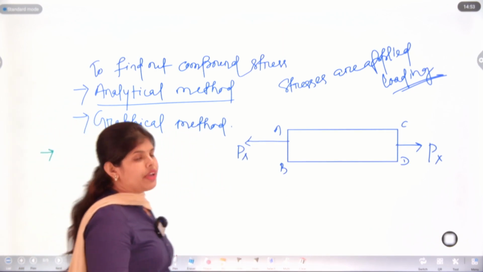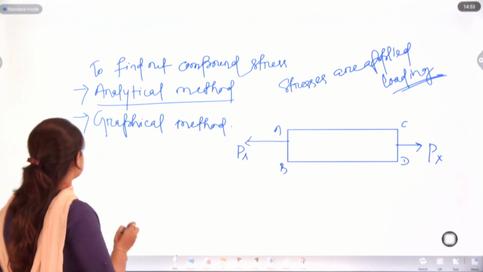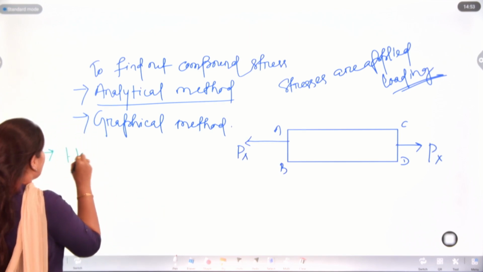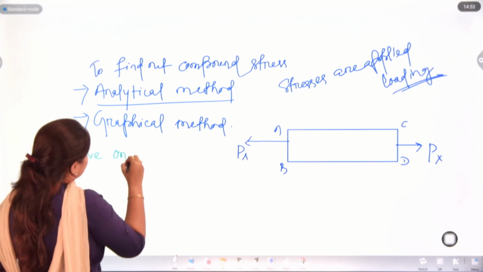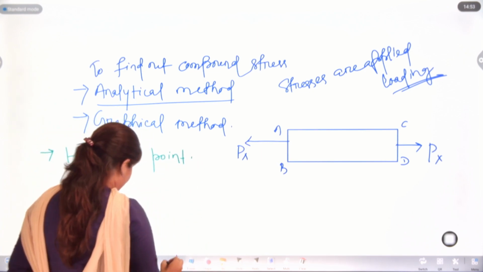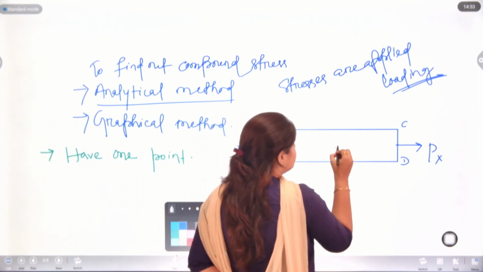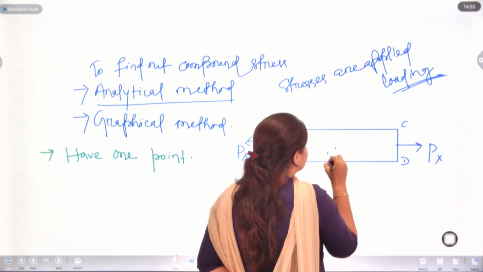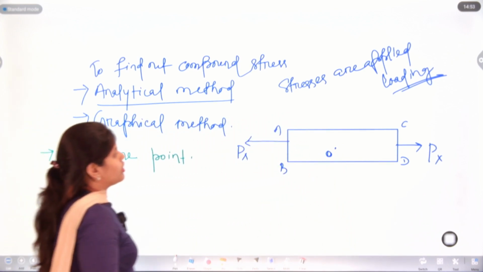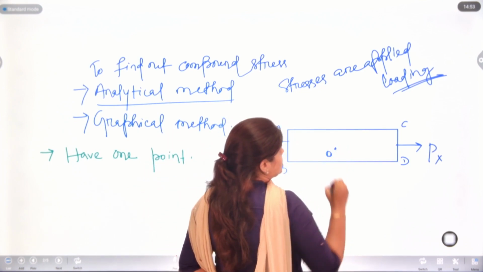In case of ABCD, to find out the stresses, we will take one point. This is the point and we named it O. At this point, we will find out stresses.